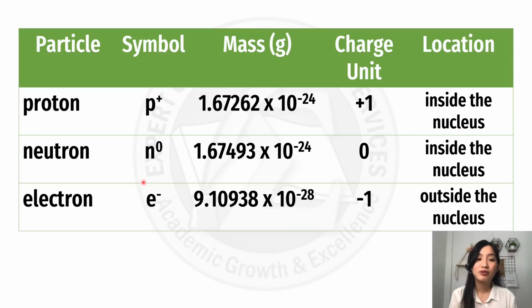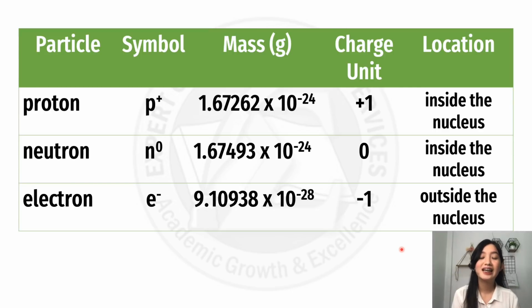Whereas the neutron, with a symbol of n raised to 0, has a slightly higher mass than the proton, a charge unit of 0, and its location is inside the nucleus. Lastly, the electron, with the symbol of e raised to negative, has a mass of 9.10 times 10 raised to negative 28 and a charge unit of negative 1, and can be found outside the nucleus.